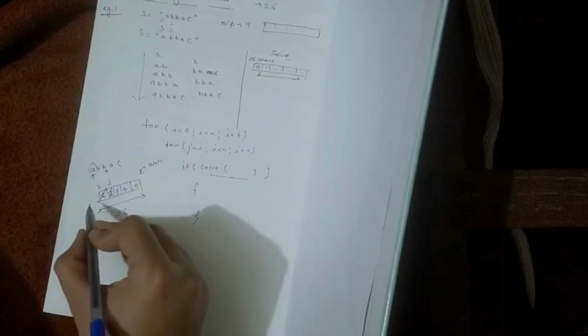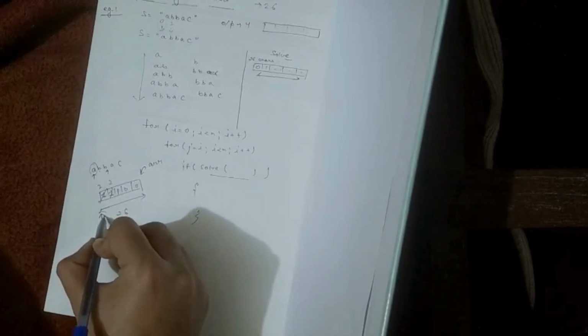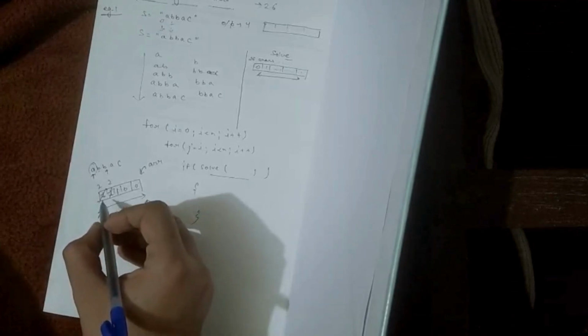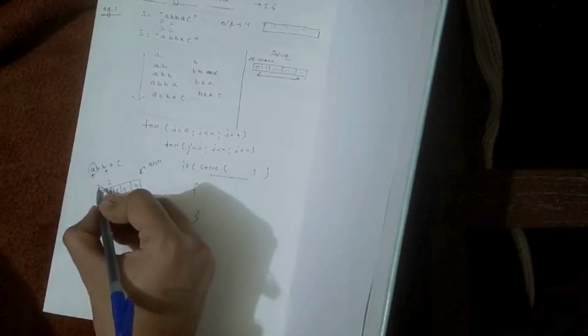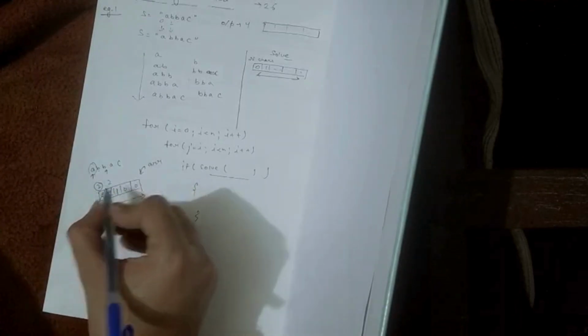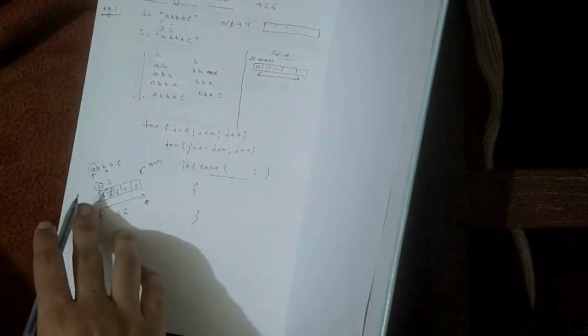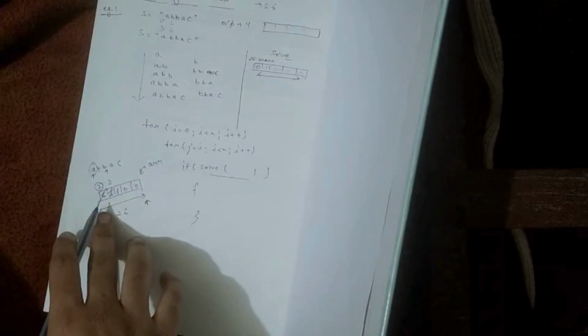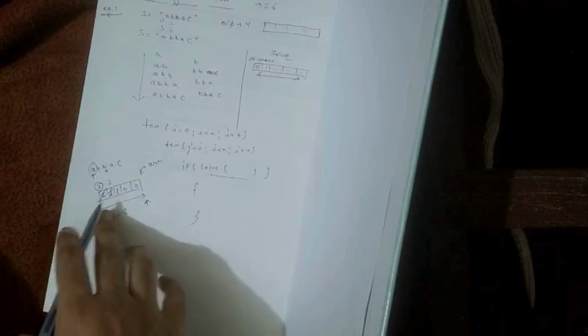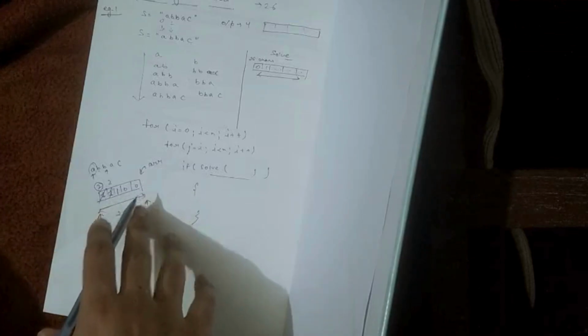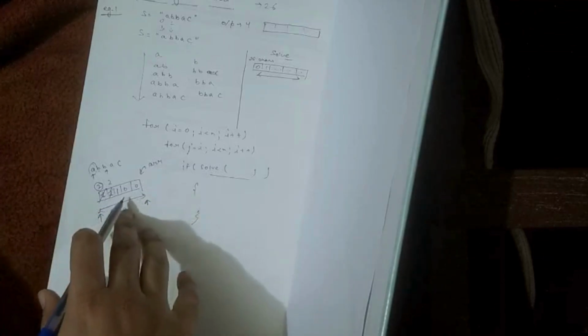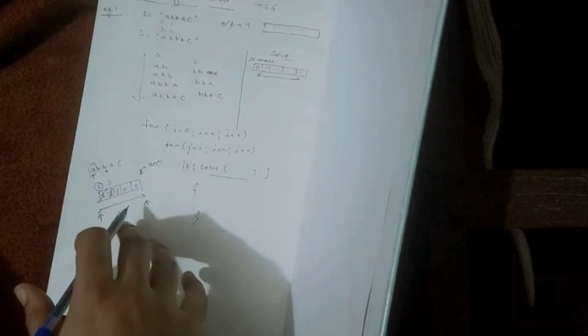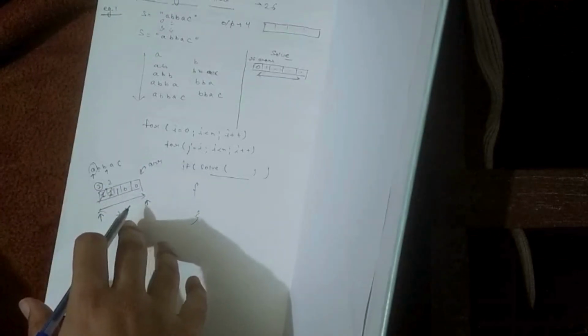I'll loop from the starting index 0 till the end and take the first non-zero value. It's 2. So all values should match that value, 2, so all the distinct characters have the same value. After that, if any index is not matching with that value, it's not a valid substring, right?